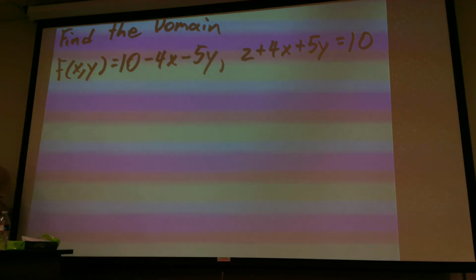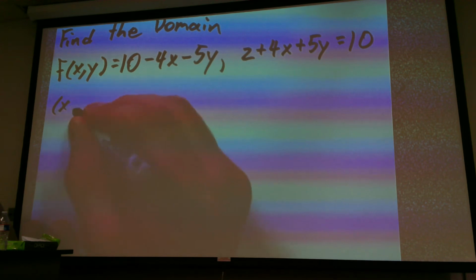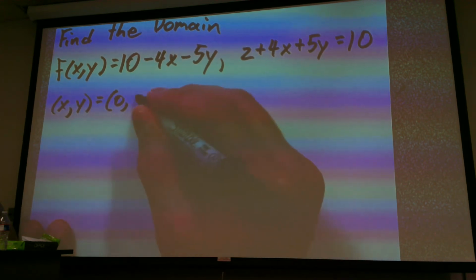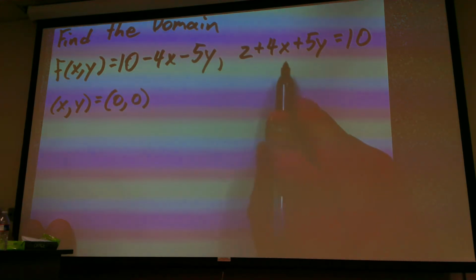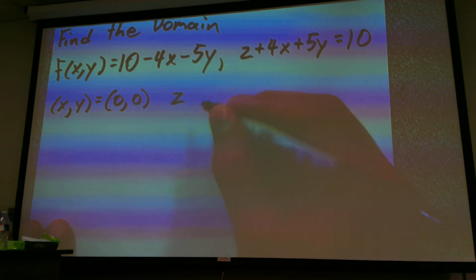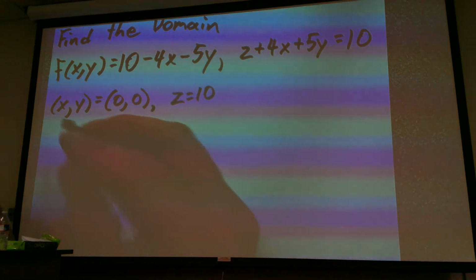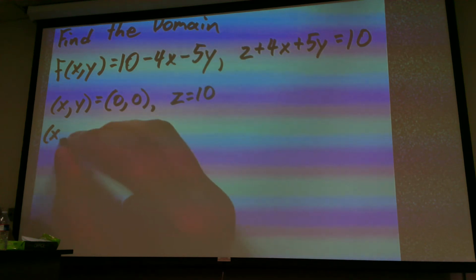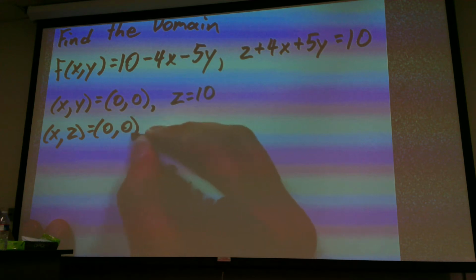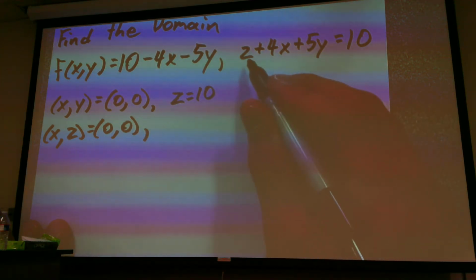And so, let's say I plugged in x comma y equal to 0 comma 0. If I plug 0 and 0 into this, I'm going to get z equal to 10. And then I'm going to say, well, what if I plug in x comma z equal to 0 comma 0? So x is 0, z is 0.